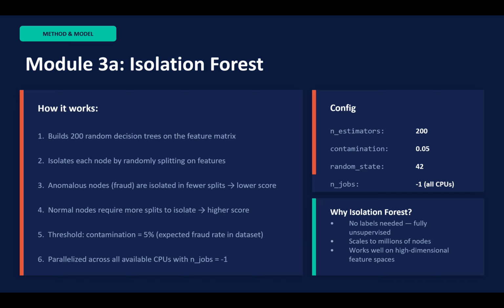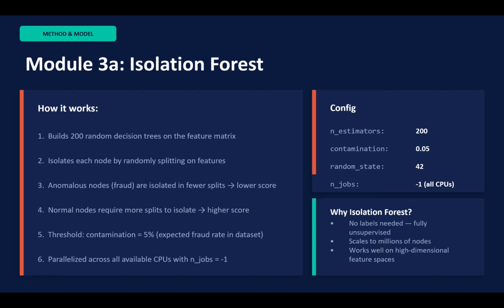So isolation forest. The idea is simple. It builds 200 random decision trees. For each node, it randomly splits on features until that node is isolated alone in its own partition. Anomalous nodes with extreme feature values get isolated very quickly.